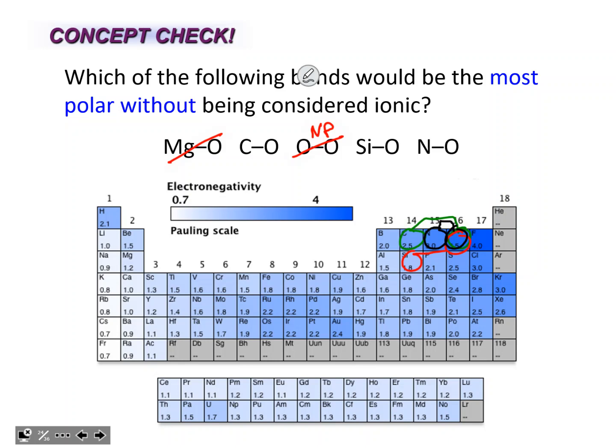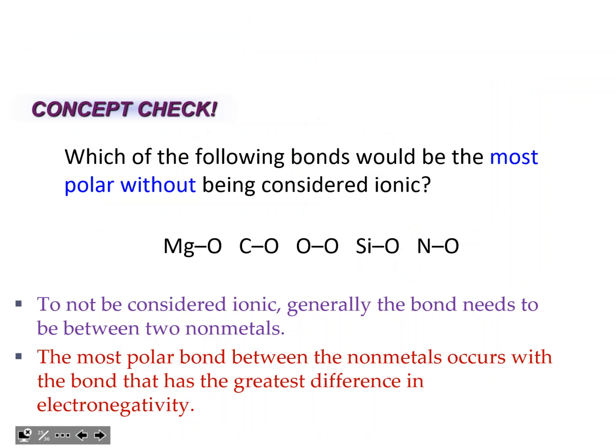So the most polar out of those three is going to be the silicon to oxygen bond. So yes, once again, same idea that we're looking for the largest electronegativity difference, which means they're farther away from each other on the periodic table.